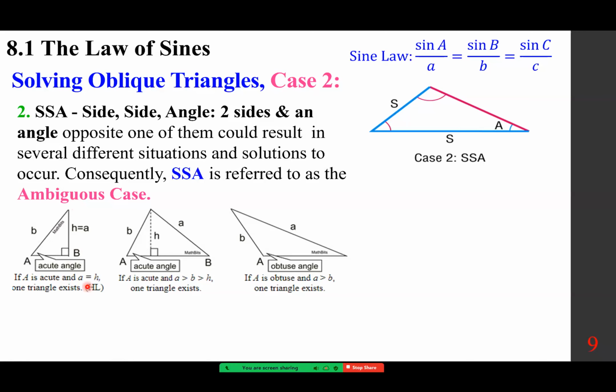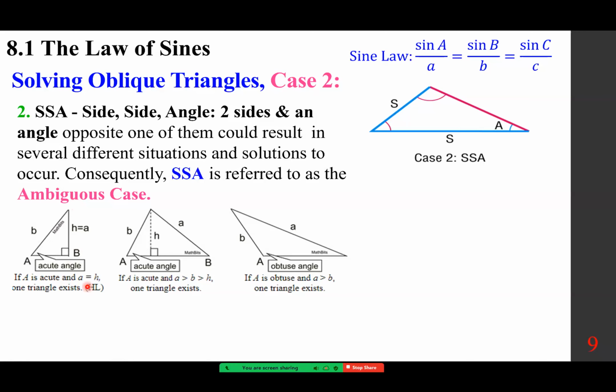If A is acute and h, the height, is less than both sides a and b, and b is less than a, one triangle exists. If A is obtuse and a is larger than b, one triangle exists.